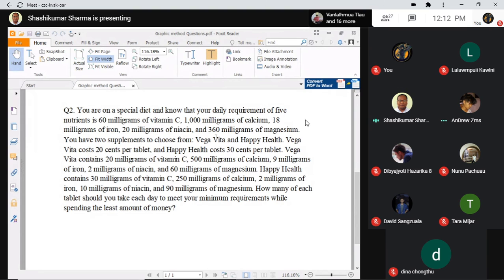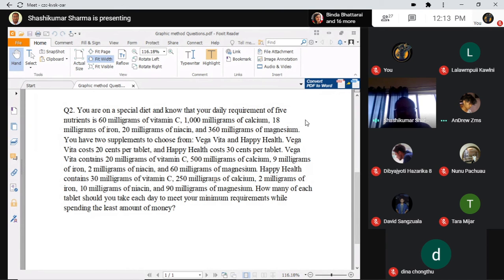Now Vega Vita contains 20 milligrams of vitamin C, 500 milligrams of calcium, 9 milligrams of iron, 2 milligrams of niacin, and 60 milligrams of magnesium.